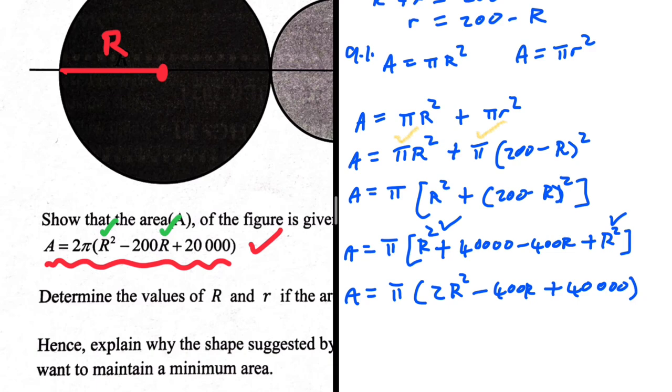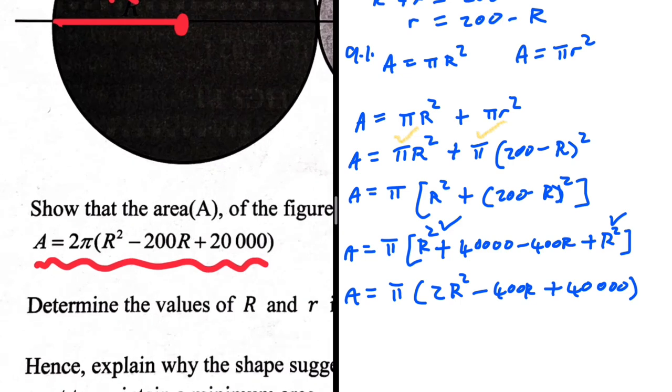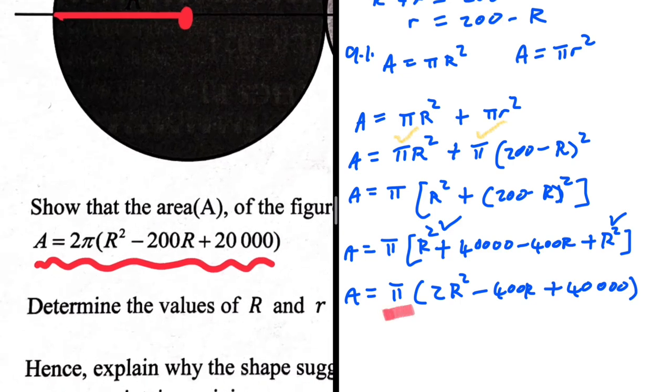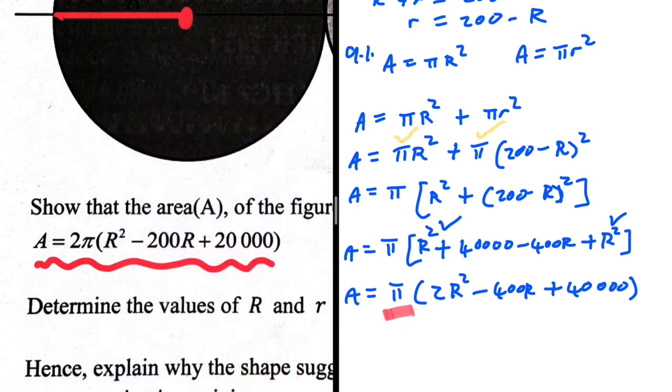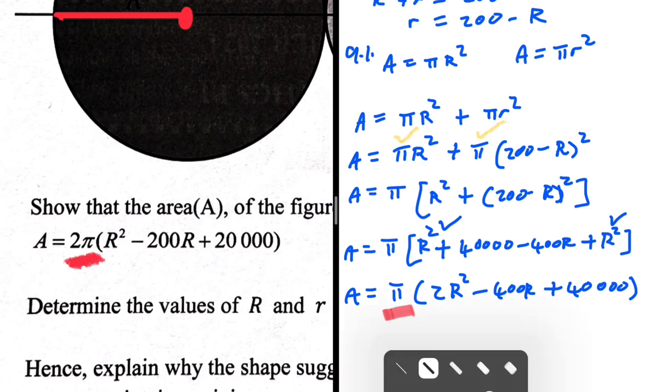So we are at this point. Look at how it differs from the equation that we are supposed to prove. The only difference now is that here we have pi, and in the equation that we are given, we actually have 2 pi. So how can we make sure that we have 2 pi?